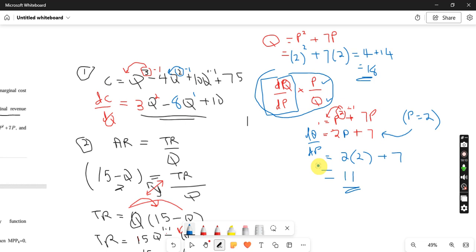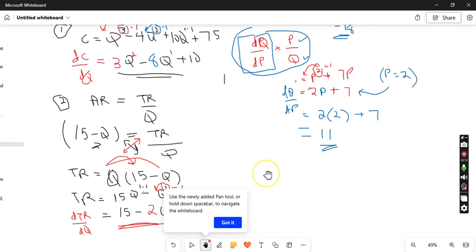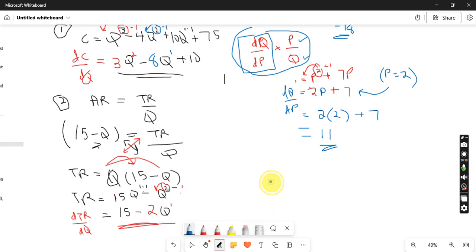So let me just write the formula again: dQ over dP times P over Q. So dQ over dP, that's 11, times P was 2 and Q was 18.